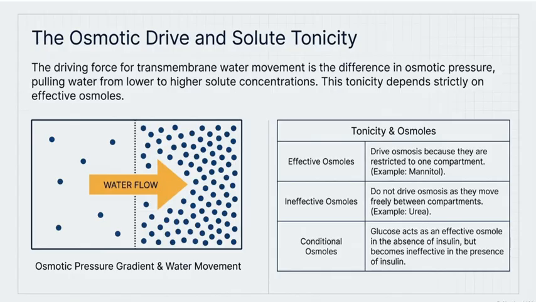Ineffective osmoles like urea freely cross the membrane and do not create sustained gradients. Glucose is conditionally effective as it acts as an osmole in the absence of insulin, as seen in DKA, diabetic ketoacidosis. This concept is critical in fluid therapy and interpreting the sodium disorders.